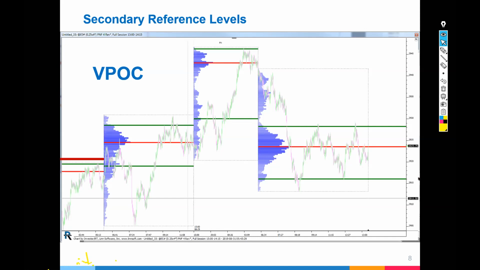Well, it is a type of setup. No, it's not really a setup, it's more of trying to anticipate what is likely to happen because of the structure of the profile. Let me give you an example because it's right in front of us. Notice how in this overnight session, the structure is very scant.